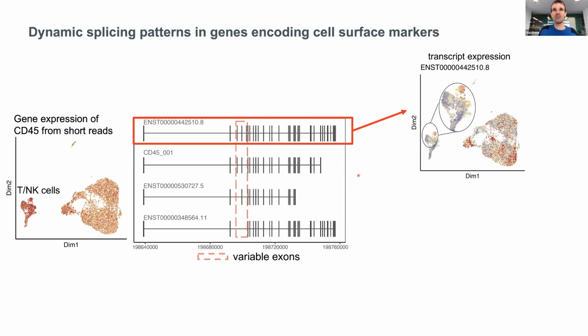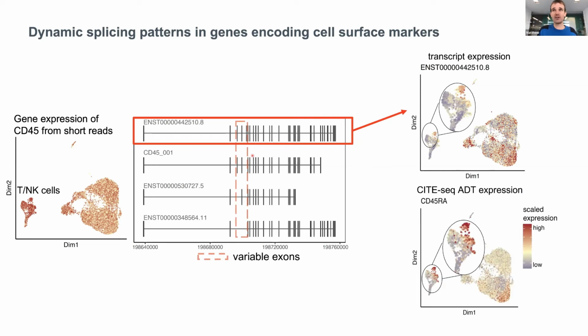So we have some cell surface markers capturing different isoforms of this gene, and the antibody, or the ADT, that stands for this gene, is actually specific for this first isoform. So I think it's targeting one of these internal exons.